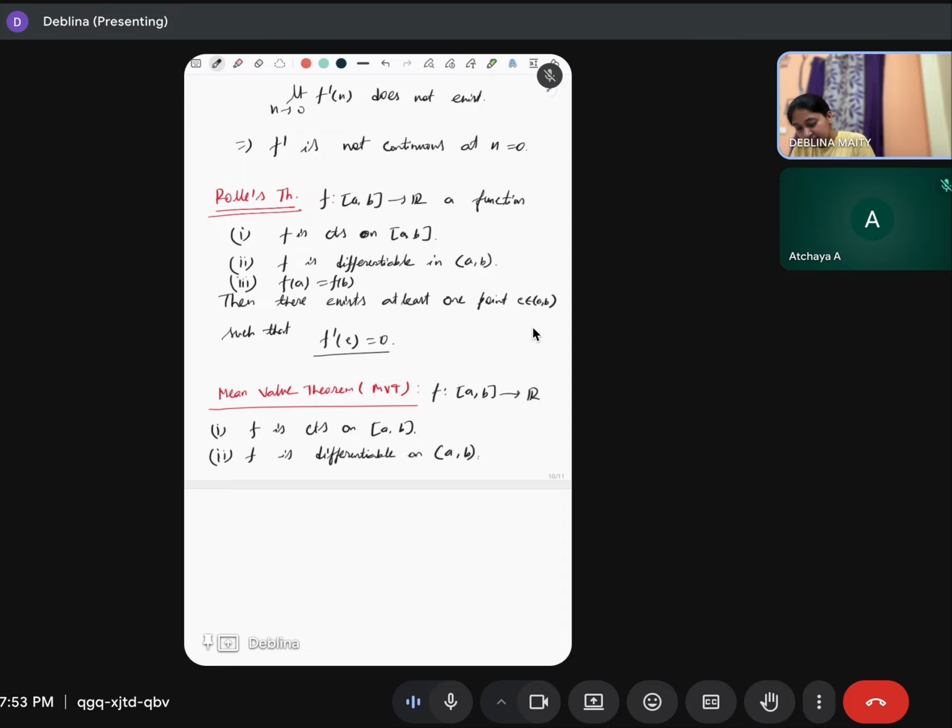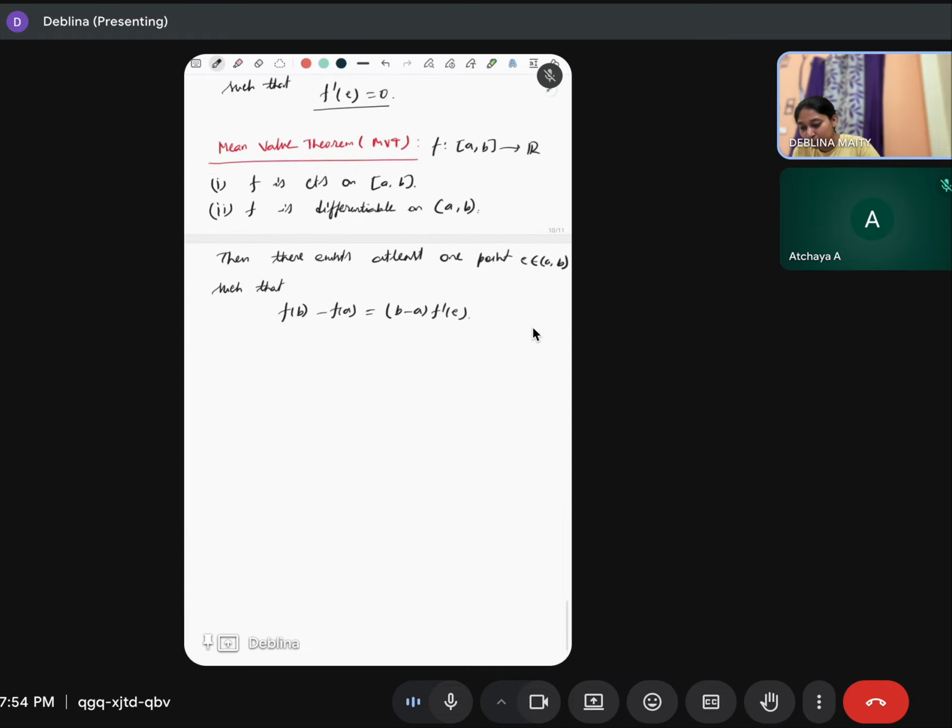Then there exists at least one point C in between A and B such that f B minus f A equals to B minus A into f dash C. Right. See that if f A equals to f B, then f dash C will be 0, so it becomes Rolle's theorem. So this mean value theorem is the generalization of Rolle's theorem.